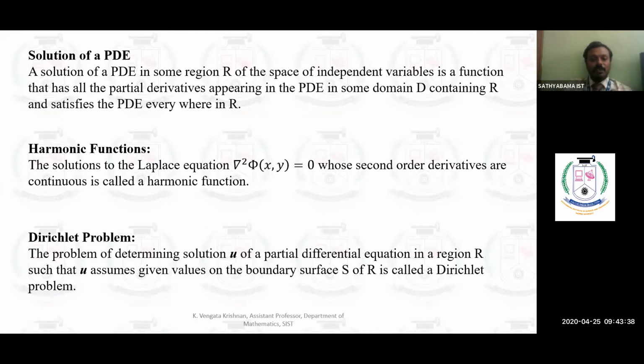Next, let's see what we mean by the Dirichlet problem. The problem of determining a solution u of a partial differential equation in a region R, such that it should be a solution, so it has to satisfy the partial differential equation, and in addition, it should satisfy all the given boundary conditions, then that particular problem we call the Dirichlet problem.